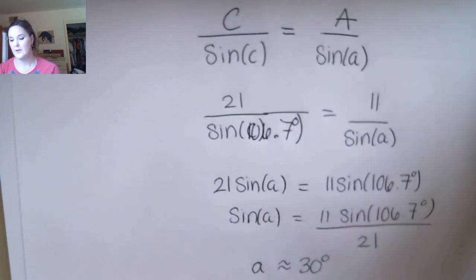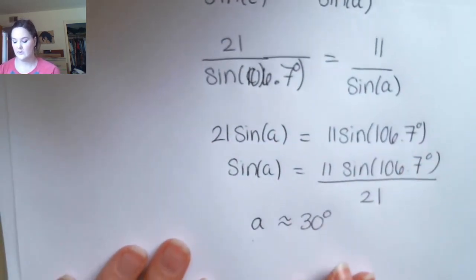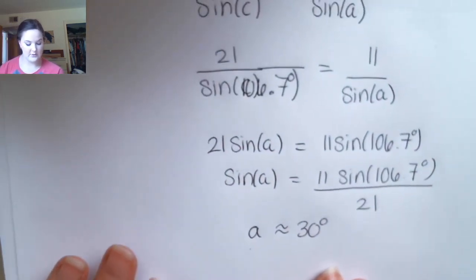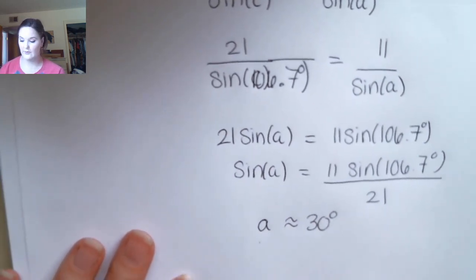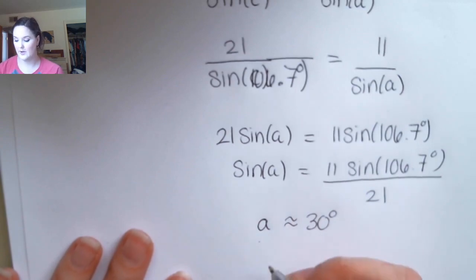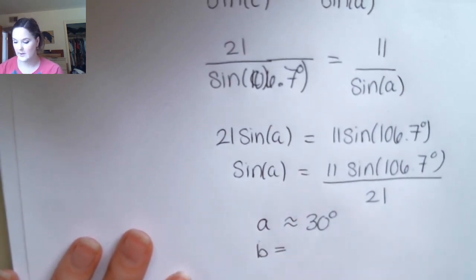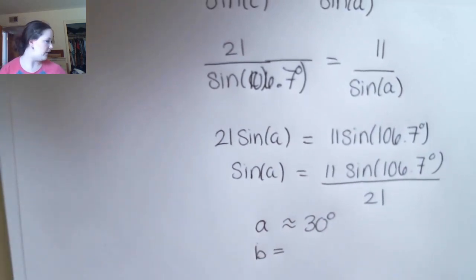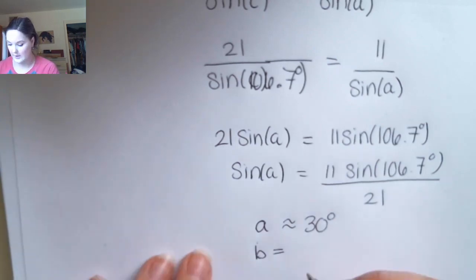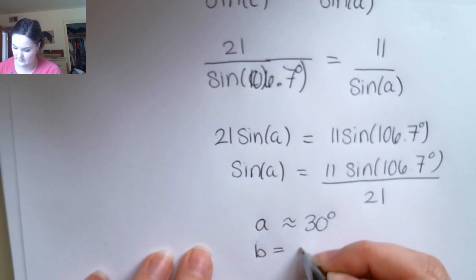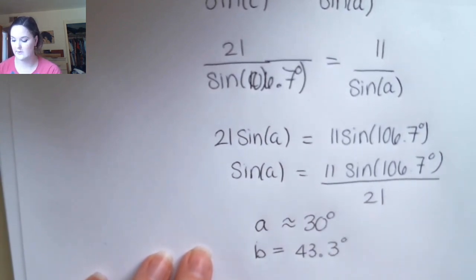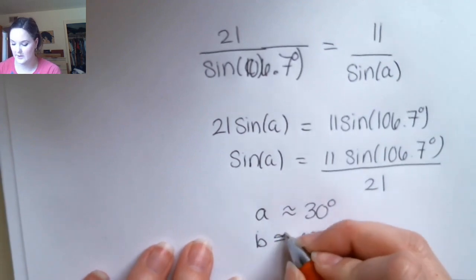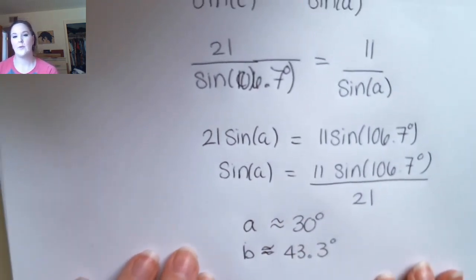Now to find the last angle, you can just say that you are looking for an angle that adds up to 180 degrees. So you would have 180 minus 106 minus 30. You should get 43.3 degrees, and that's an approximate value.